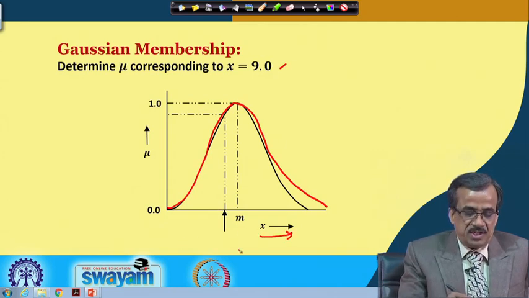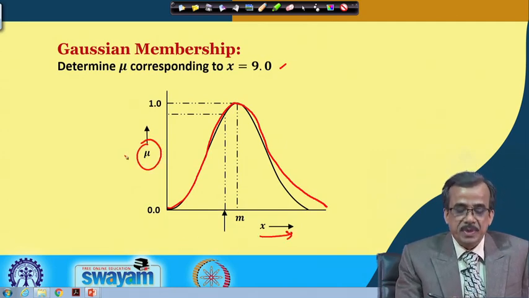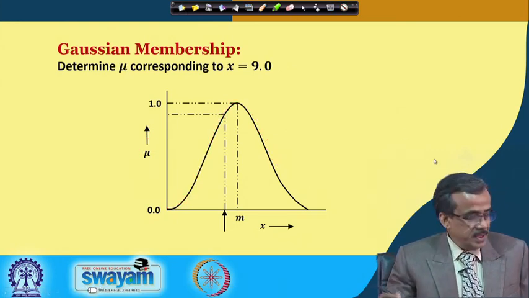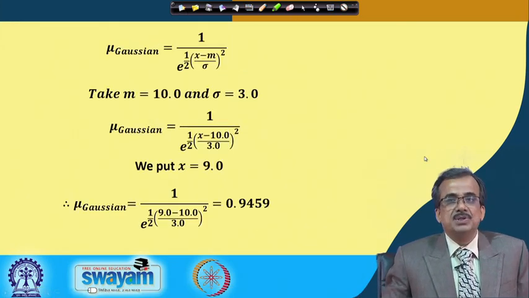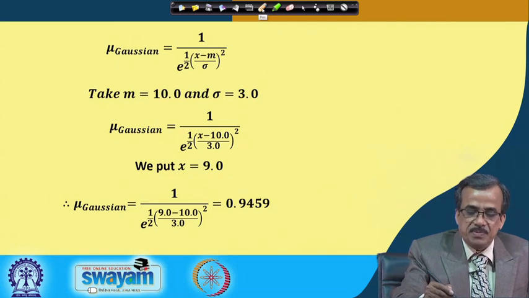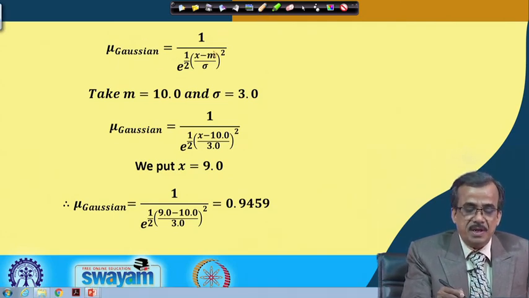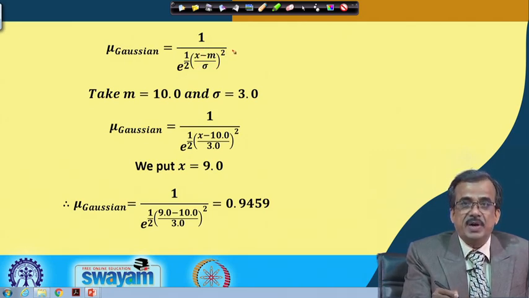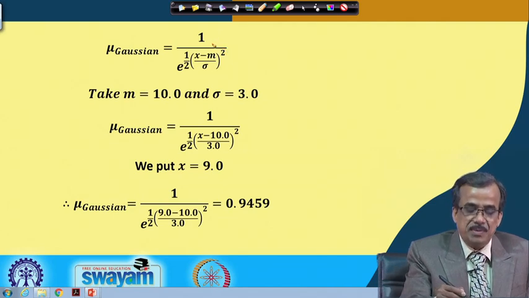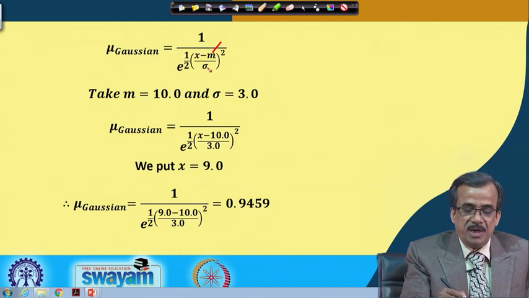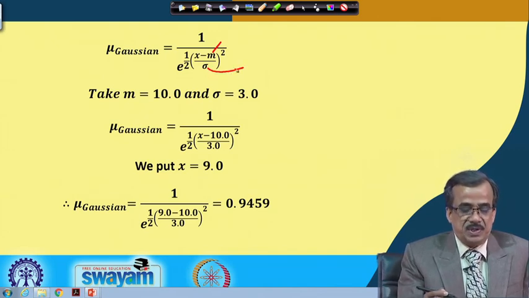This is the x direction and this is the mu, and we know the mathematical expression for it: mu Gaussian is 1 divided by e raised to the power half into (x minus m) divided by sigma, whole square, where m is the mean of the Gaussian distribution and sigma denotes the standard deviation.